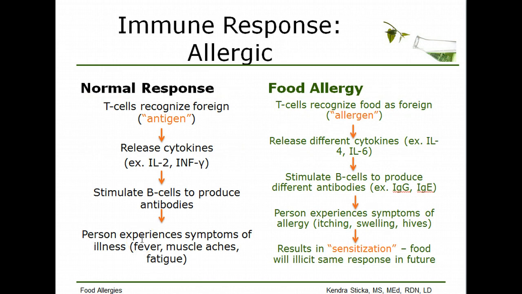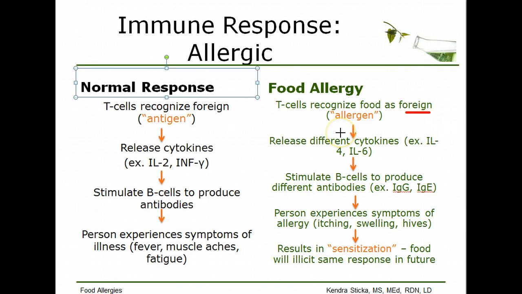So now we can look at what happens when someone has a food allergy, so that immune response in an allergic person. On the left, I have that normal response that we just already talked about in terms of how the immune system works. But so that's just what we already saw. Let's shift over to this food allergy side. So again, when someone has a food allergy, their T cells are going to recognize that food as foreign instead of friendly.